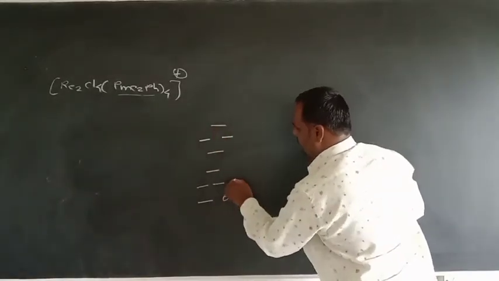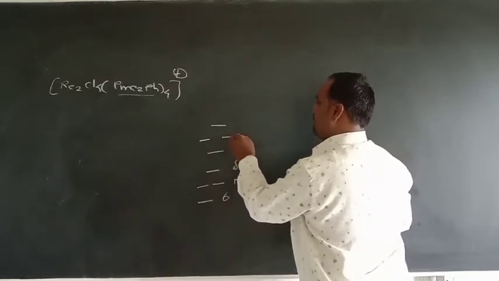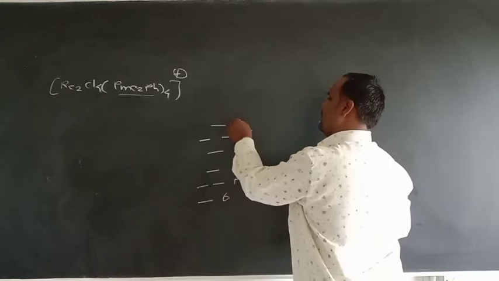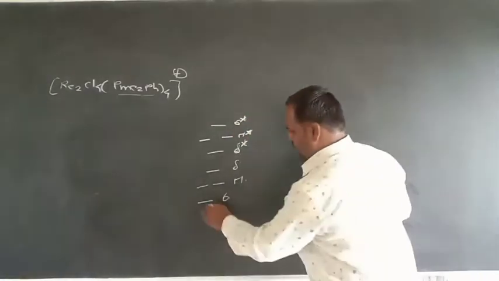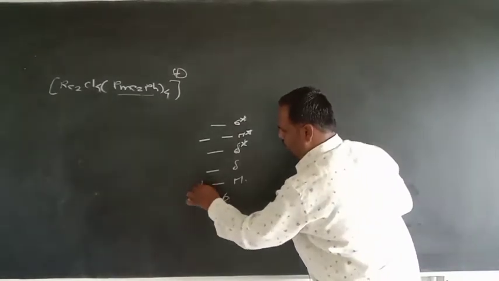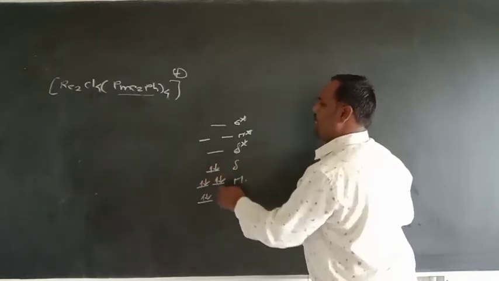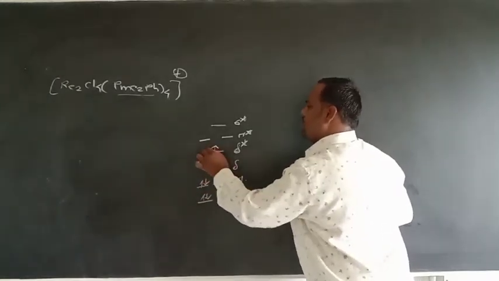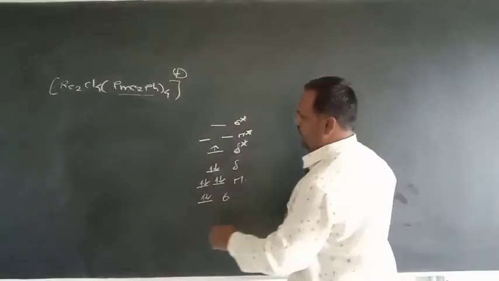So first these lower energy orbitals are filled with electrons, 2, 4, 6, 8, and one electron goes into the delta star orbital, and therefore you find out the bond order.